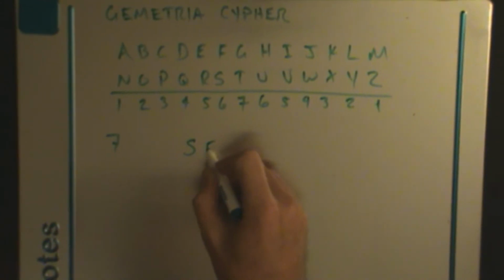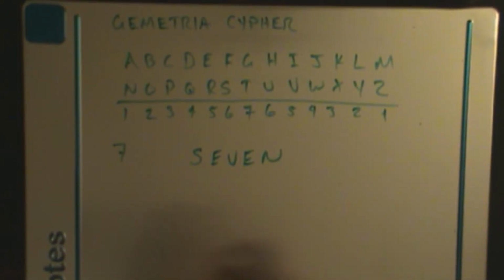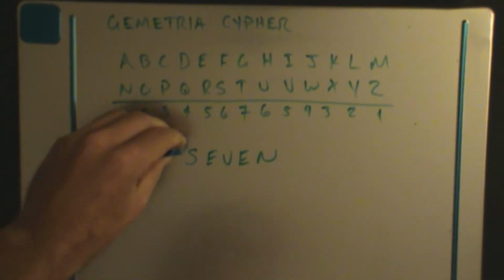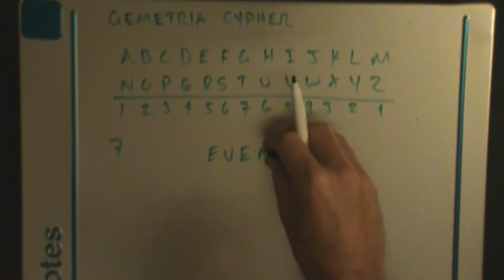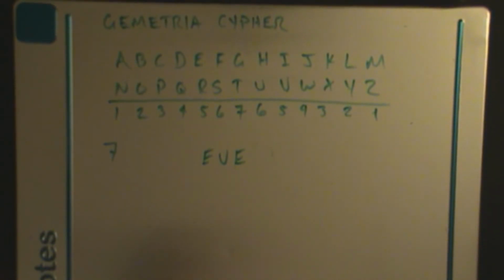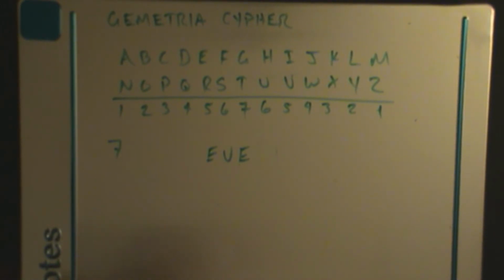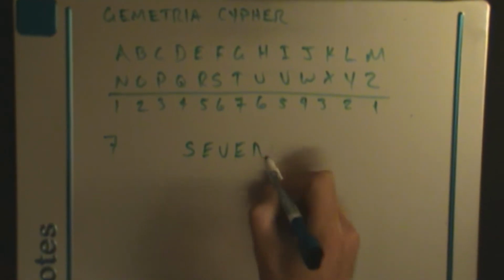So S, E, V, E, N. And just a little side note, if you were to take away this S, you have even, which is where we get the word Eve, from Adam and Eve. We get even, evening. We get a lot of words that refer to the feminine energy of Adam and Eve in our English alphabet.